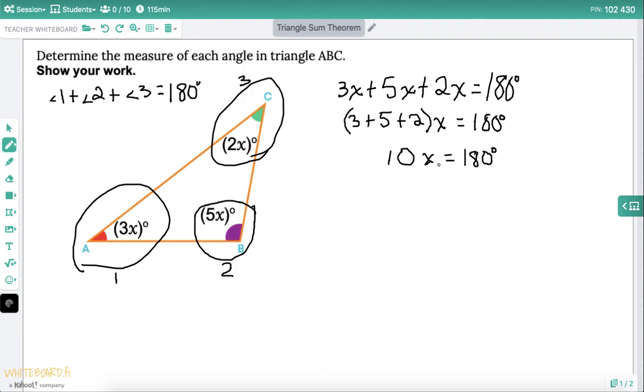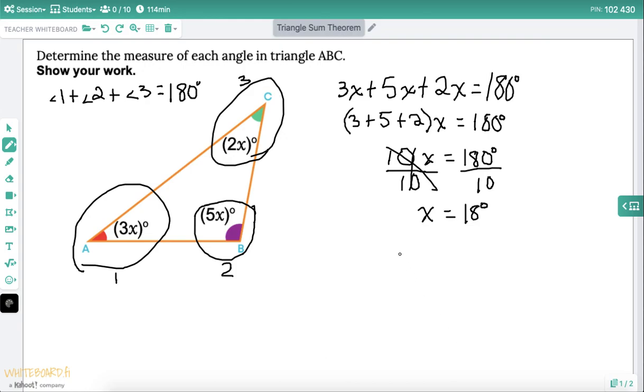So this is 10 times x, and what I need to do is the inverse of that, which is divide by 10. So when I divide by 10, I'm going to end up isolating x, which is to say x is going to stay by itself. So I can cross these out because 10 divided by 10 is 1. 1 times x is just x. And 180 divided by 10 is going to be 18. So x is 18 degrees.